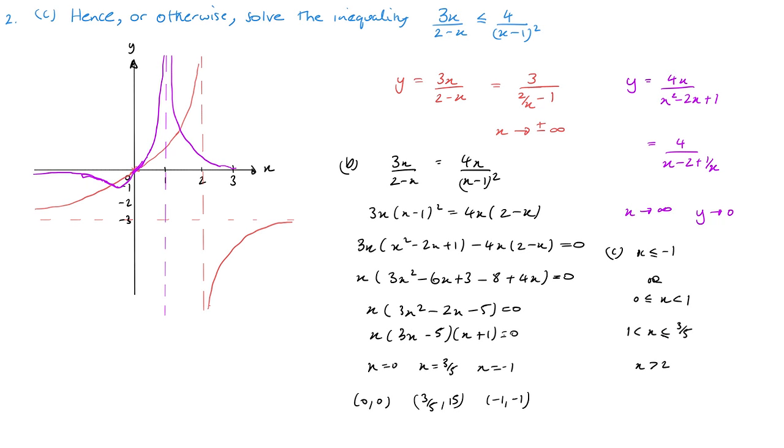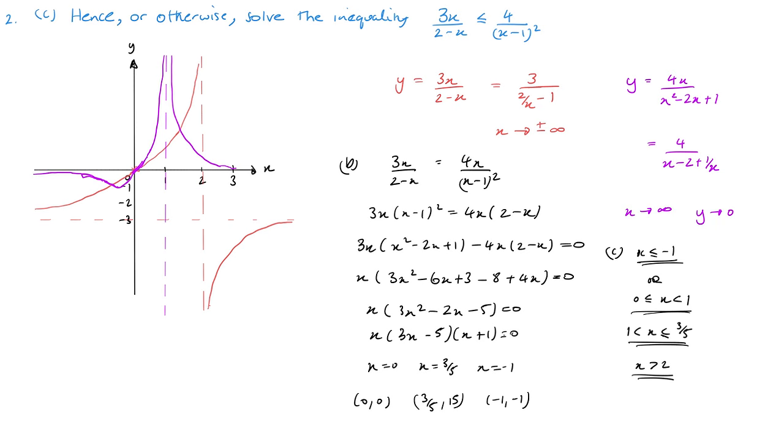Okay, so we've got 4 regions. This region, between these two values, this between these two values, and then between this value and infinity. So 4 regions there. Okay, so that is question 2 complete.